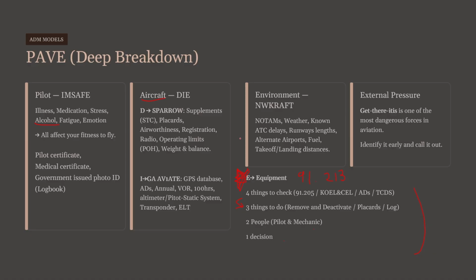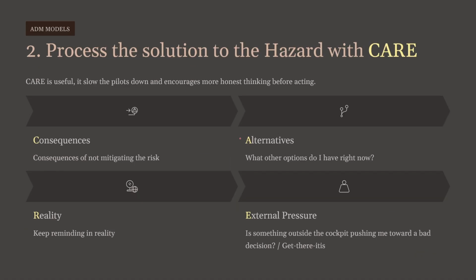Okay, cool. Here's CARE. So after identifying hazards, the next step is to process them using CARE. So C stands for consequences, like what could happen if I do not manage this risk properly. And A stands for alternatives. So what other options do I have right now?